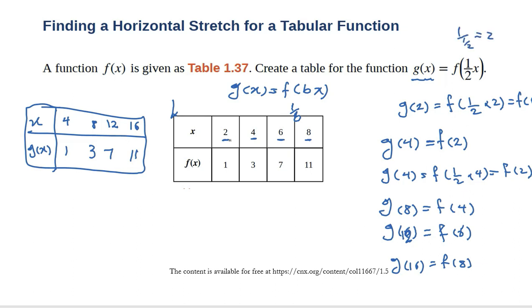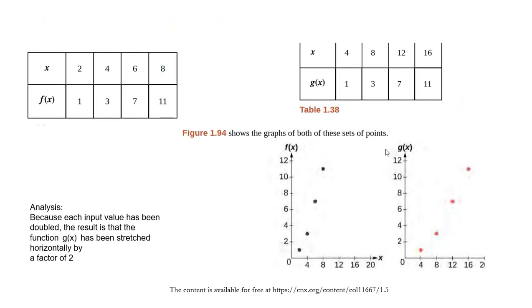So all we need to do is multiply these numbers by 2. 2 times 2, 4, 8, 12, 16. And we don't need to write all of this here. If you look at the graph of g of x, you can see the points are getting far from the y-axis. So it is stretching by factor 2, by factor 1 over 1 over 2, which is 2.